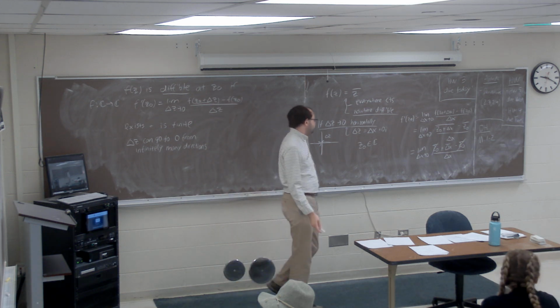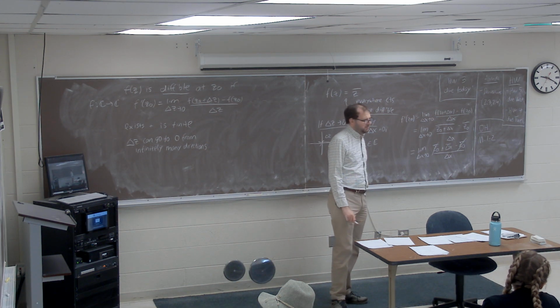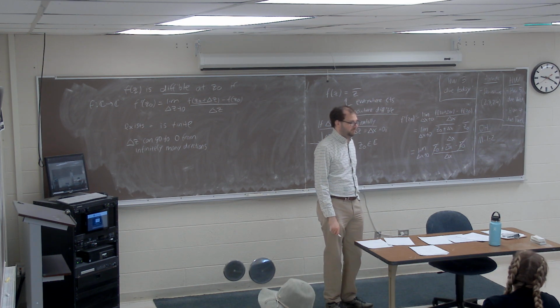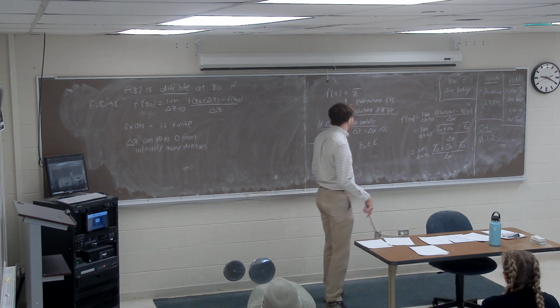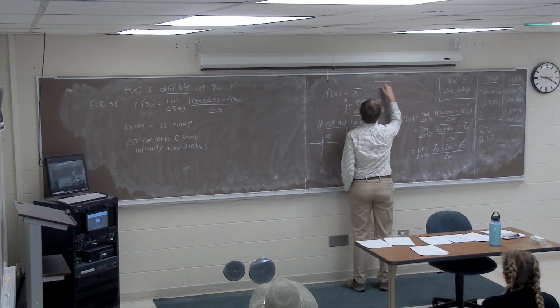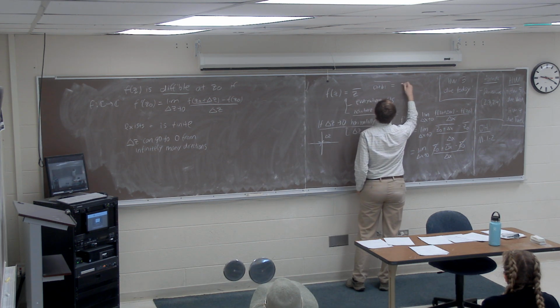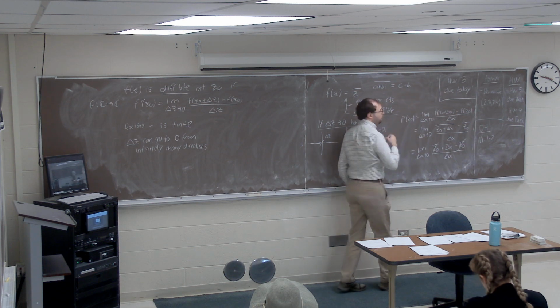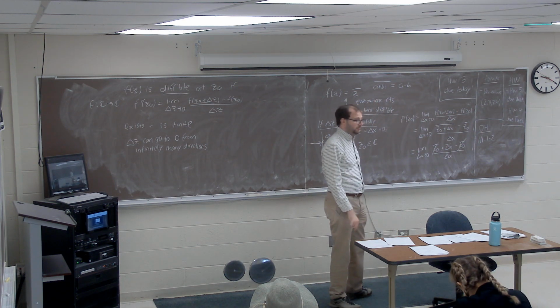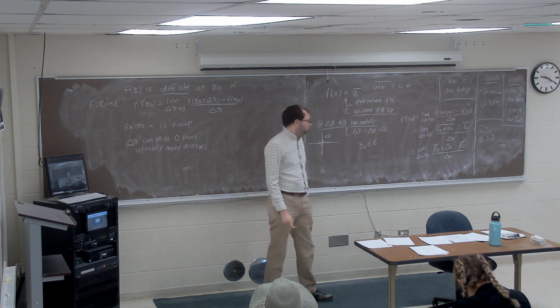Caleb, if delta x is a real number, what's going to be the complex conjugate of delta x? If you remember, the complex conjugate of a plus bi is just going to be a minus bi. The same thing. Just delta x?